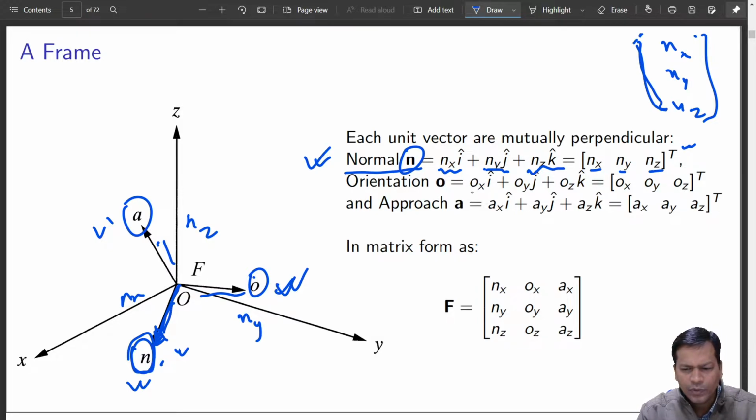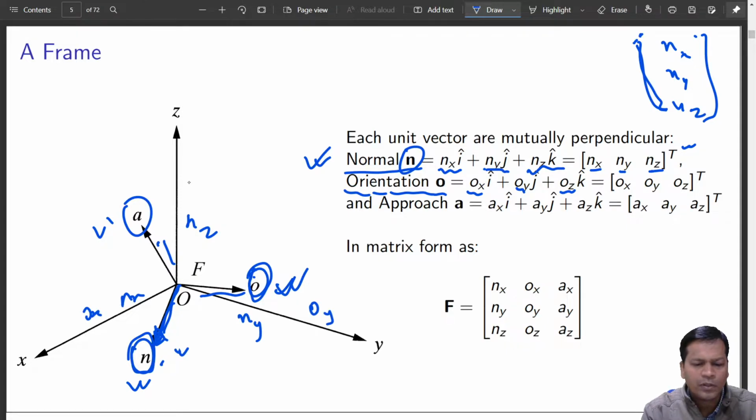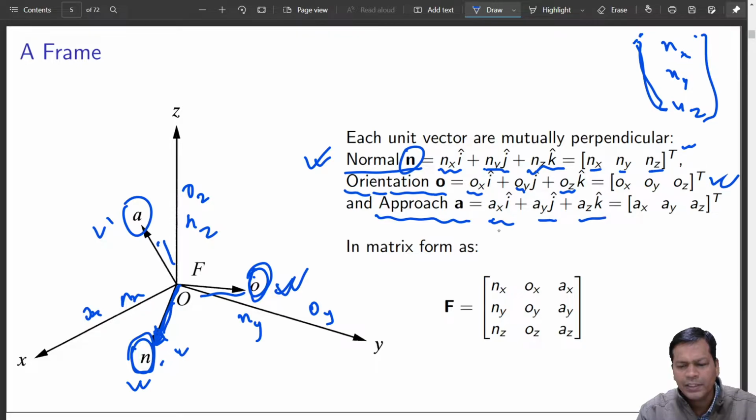Similarly, you have the orientation or orthogonal vector, that is ox, oy and oz. If this is the o vector, it will have its own component along x, ox, along y, oy, and along z, oz. Similarly, the approach vector is ax, ay, az. This is the vector form, and this is the matrix form.